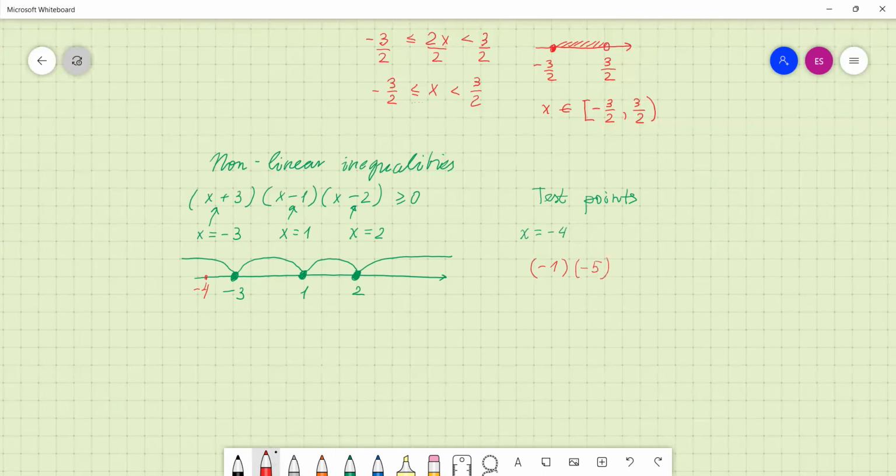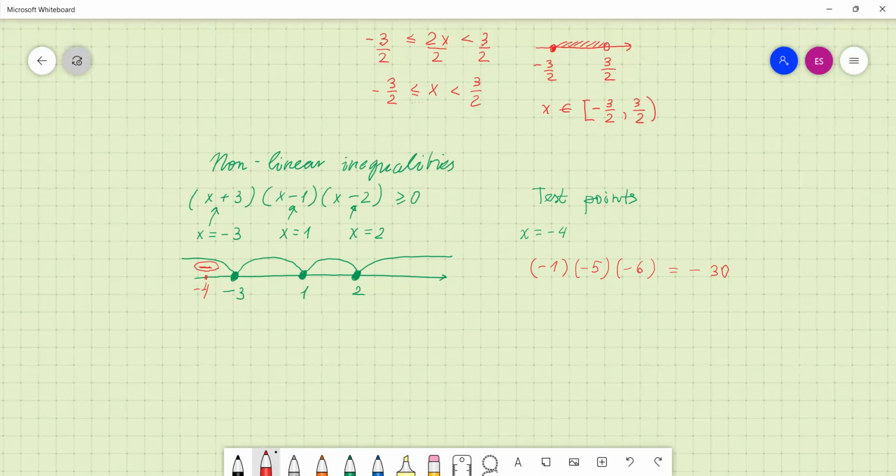And -4 minus 2, -6. If I multiply these three numbers, I'm going to get a negative number, which is going to be -30, right? You actually don't even need to know whether a number is 30 or not. You just need to know the sign of the number. And you know, if you have three minuses, eventually the total number is going to be minus. So I'm going to put over here minus.